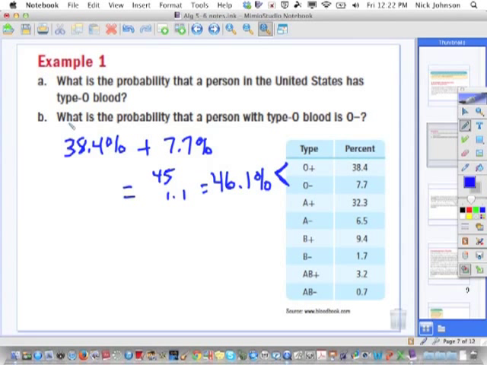B says, what is the probability that a person with type O blood is O negative?